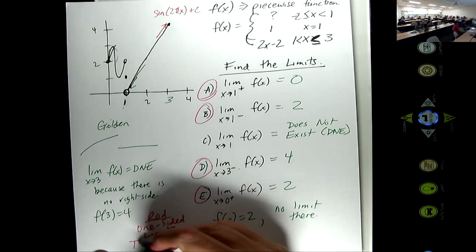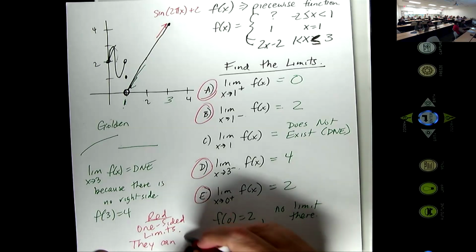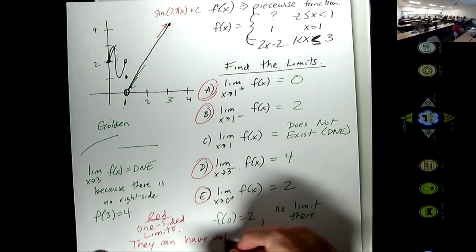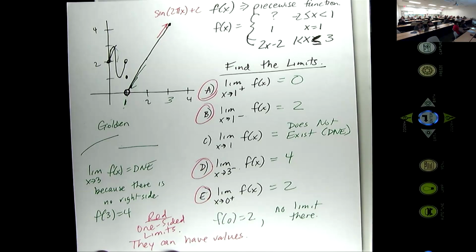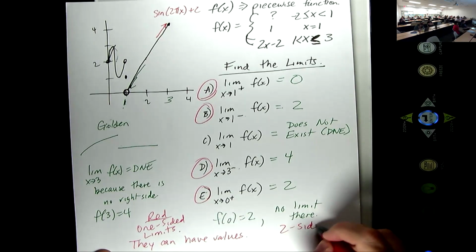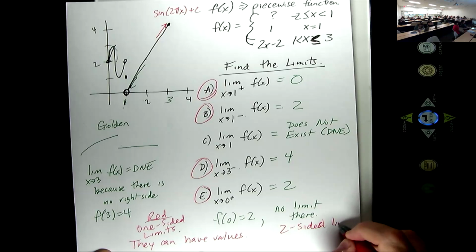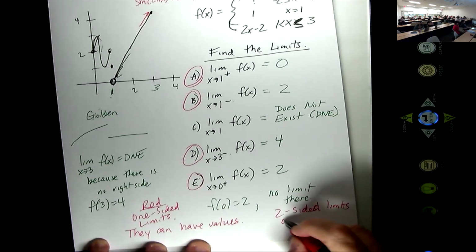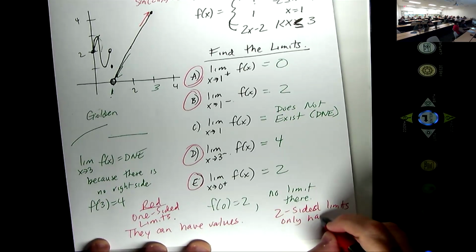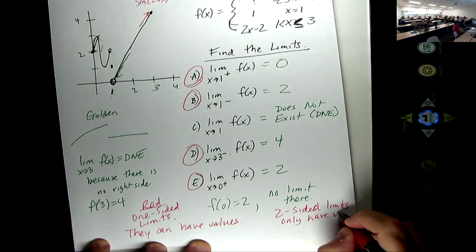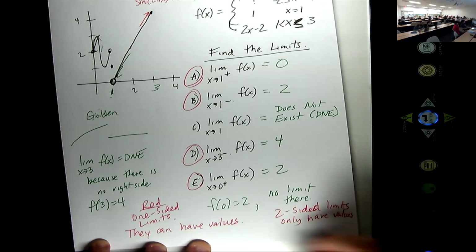They can have values. The two-sided limits only have values if it's the same from left and right.